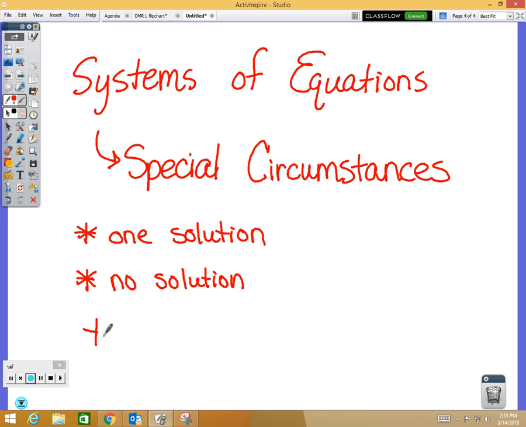And it is possible for a system to have infinite solutions, which also means all solutions. So again, the system can have one solution, no solution, or an infinite number of solutions, which is also called all solutions.